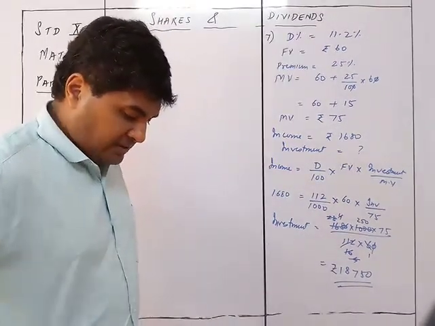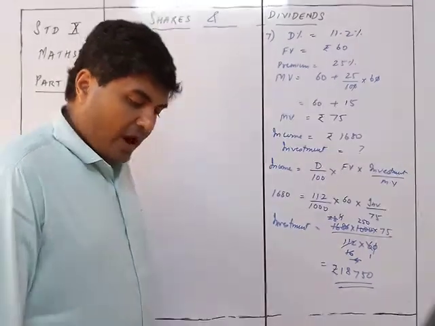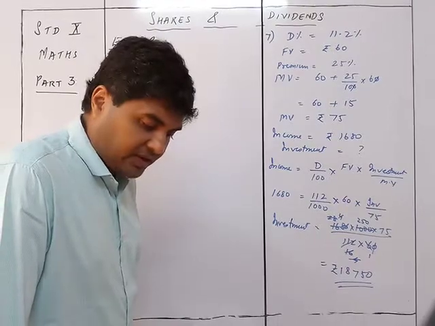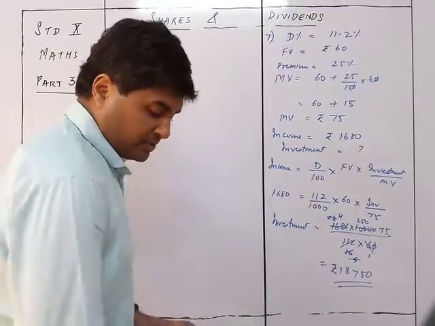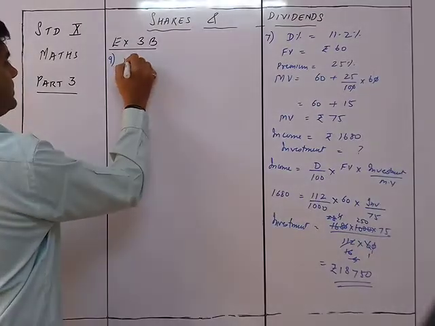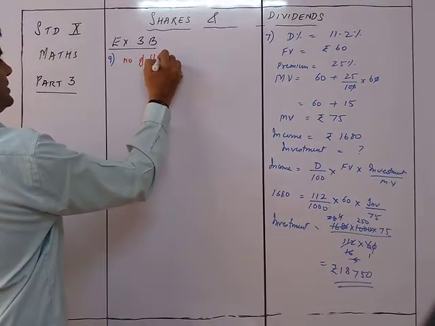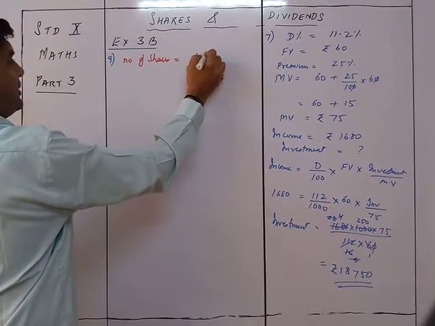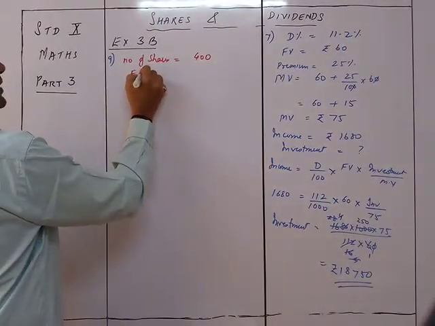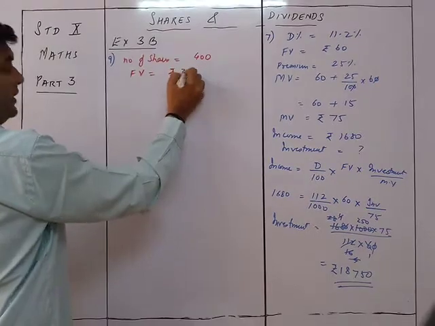A man buys 400 rupee 20 shares at a discount of 20% and receives a return of 12%. So number of shares is equal to 400. He buys 20 rupee shares, that means FV is equal to rupees 20.